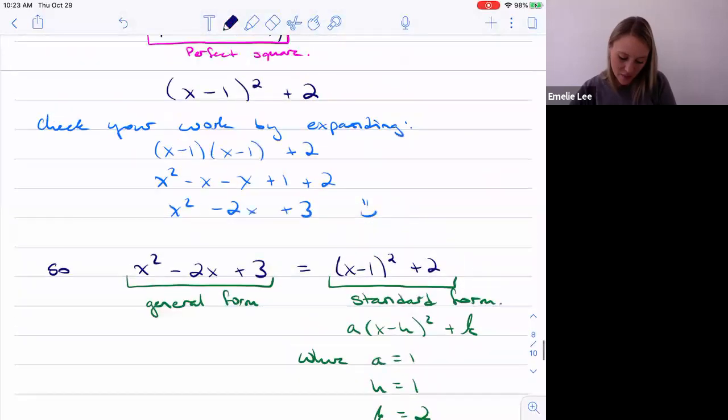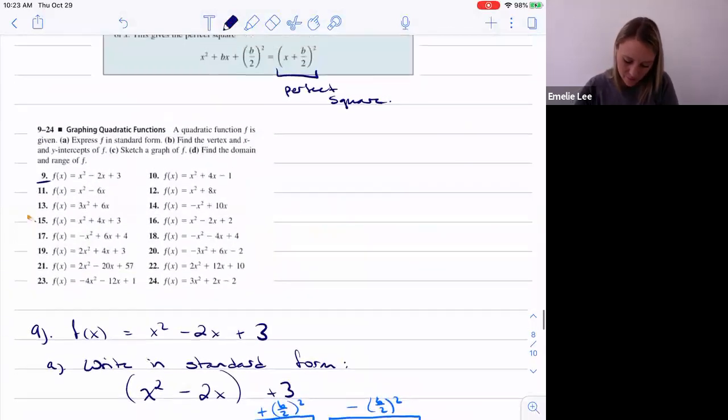So the next step in the question: express f in standard form, we did. Find the vertex and the x and y intercepts of f. We'll start with the vertex. The x-intercepts are where it crosses the x-axis, so where y is 0, and the y-intercept is where it crosses the y-axis, which is where x is 0.